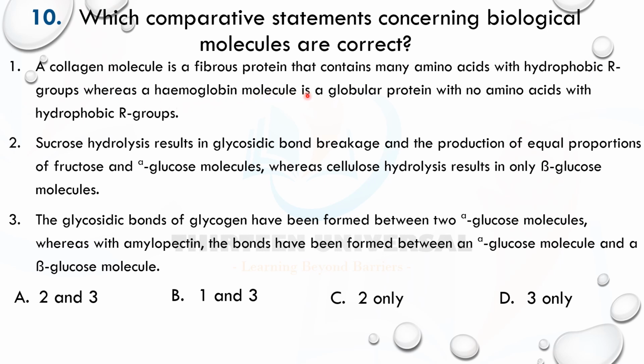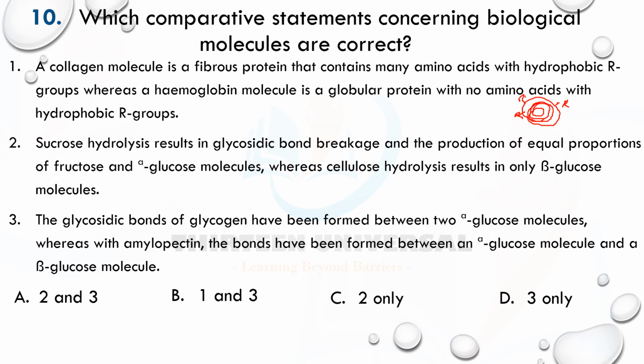Whereas hemoglobin molecule is a globular protein with no amino acid with hydrophobic R groups. No. Some amino acids in hemoglobin are hydrophobic. That is why hemoglobin has a globular shape. Why does it have globular? What is globular? Globular proteins are proteins that are folded into a ball-like shape so that the hydrophilic R groups can be on the surface and hydrophobic can be at the center.